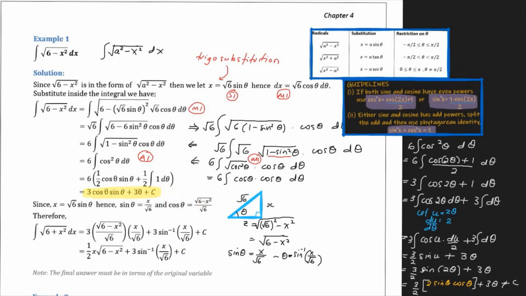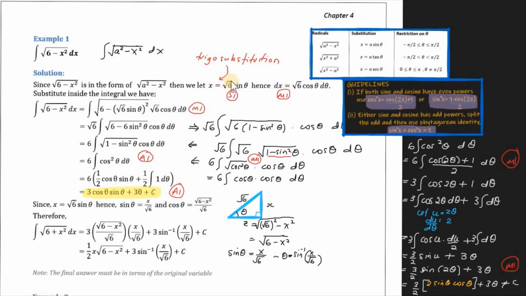Alright, so we have got that. And you have to show all this thing. Okay, and to simplify this, an identity that you are using there. Right. Okay, but unfortunately, our variable given to us is not theta. We have to turn it back into x. And we are using trigo substitution.